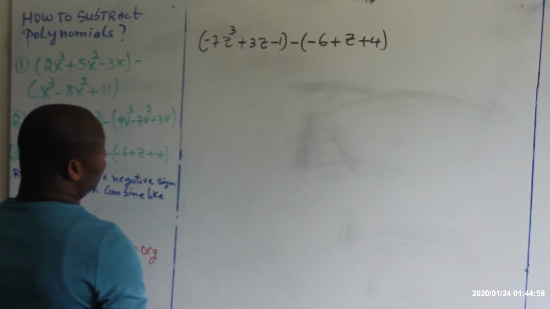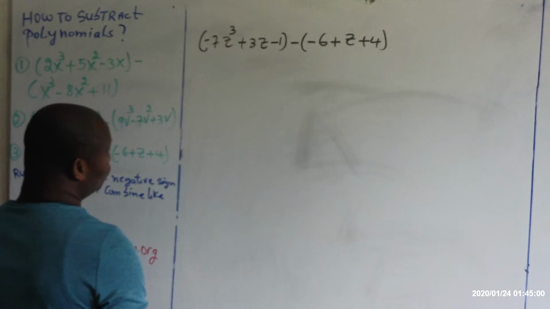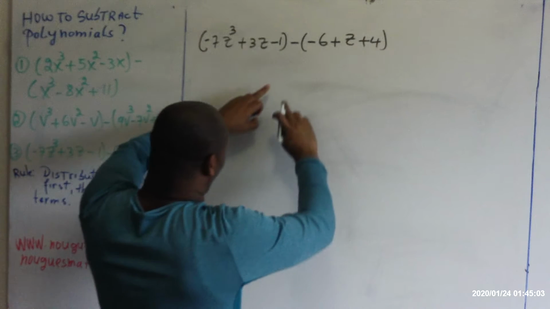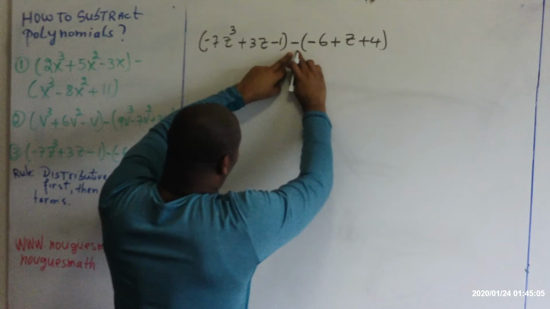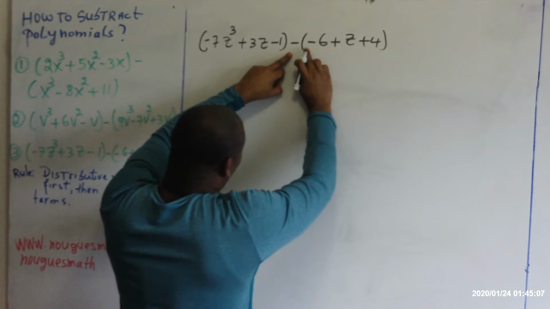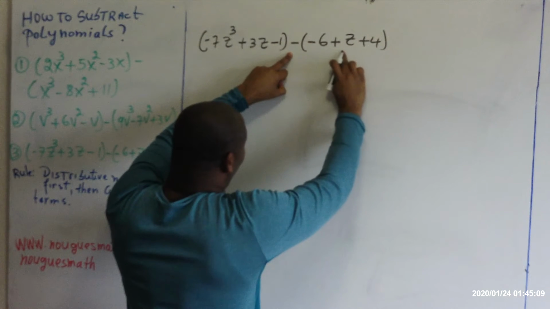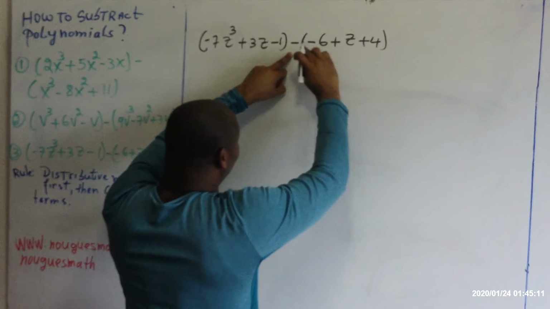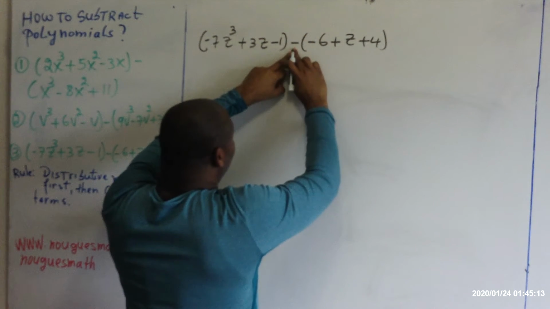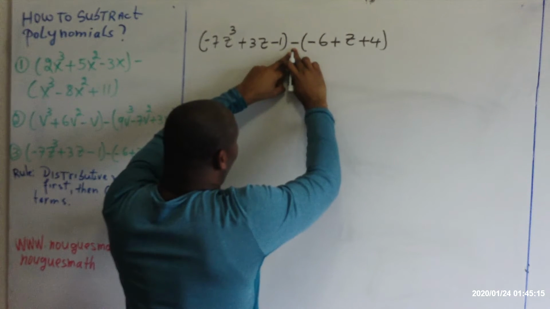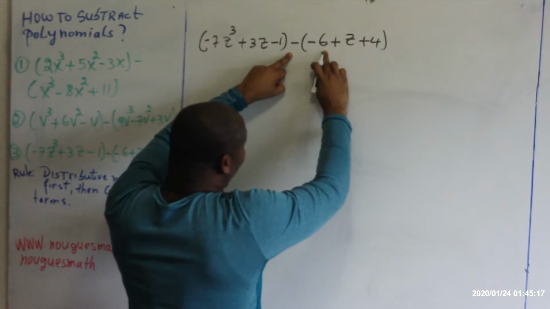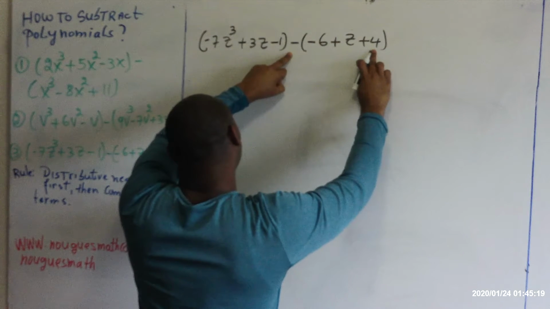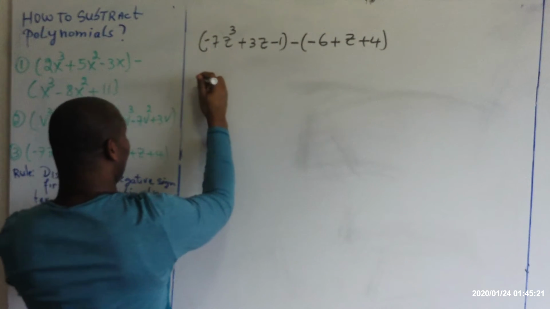Alright. Okay, first thing you do is distribute the negative sign to each term inside the parentheses. That means I'm going to multiply the negative sign to each term inside the parentheses. Okay? First of all, let me write this down.